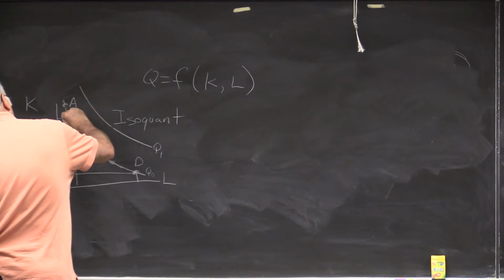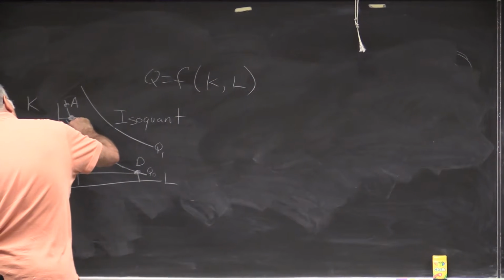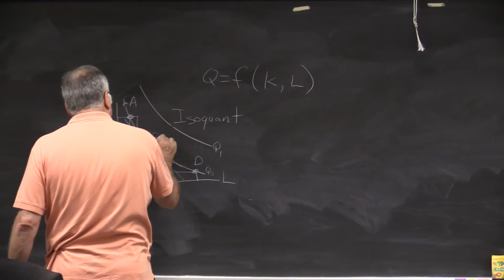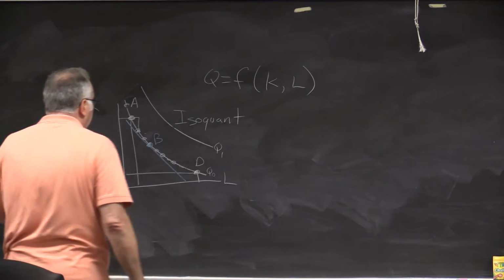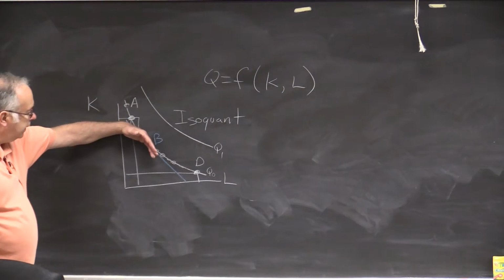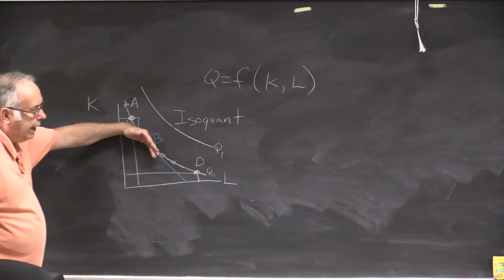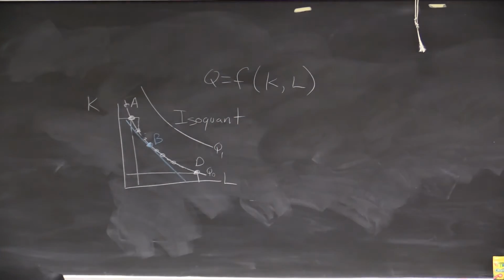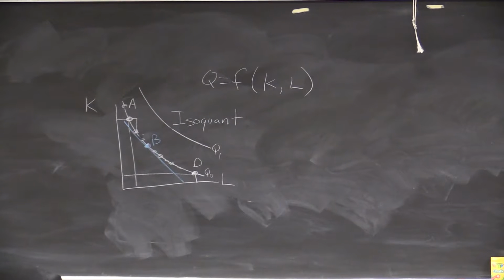For example, if you're looking at the slope of this isoquant at this point, say point B, the slope would be dK/dL. And dK/dL is just minus 1 times the marginal product of labor over the marginal product of capital.